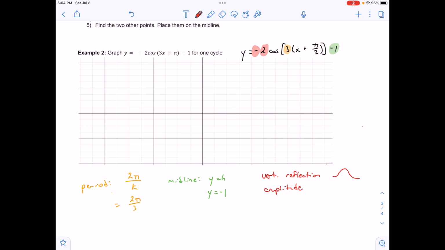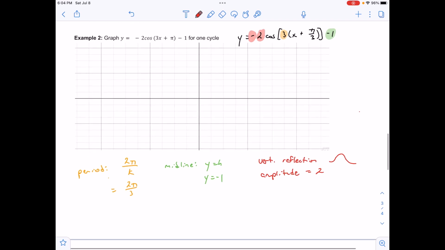The vertical stretch tells us our amplitude, which is 2. Let's figure out max and min. We always start from the midline, which is -1. Max, you add the amplitude. Min, you subtract the amplitude. So in this case, our max is 1, and our min is -3.